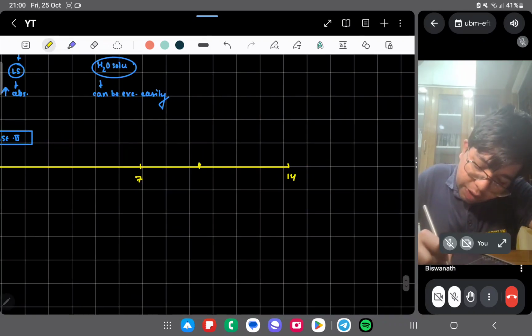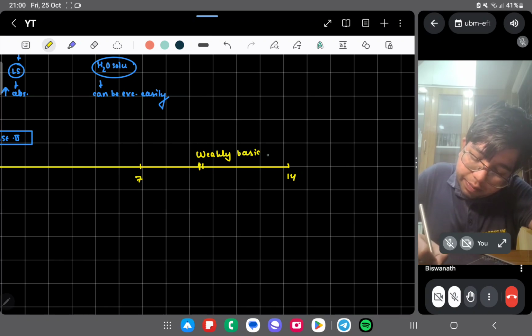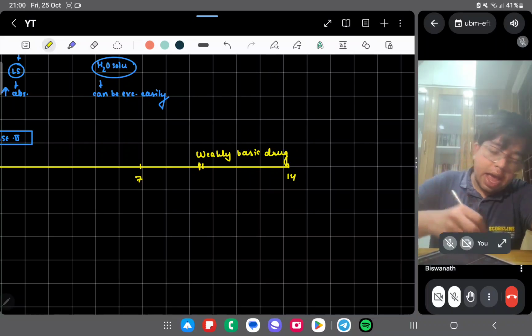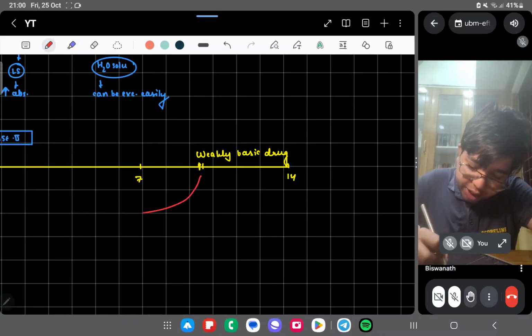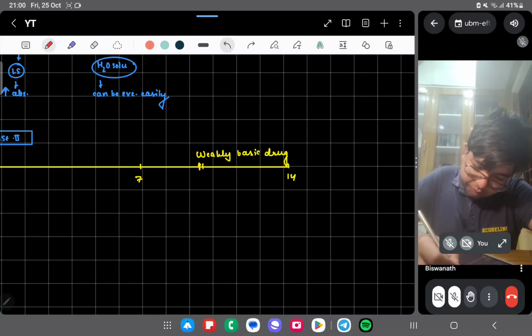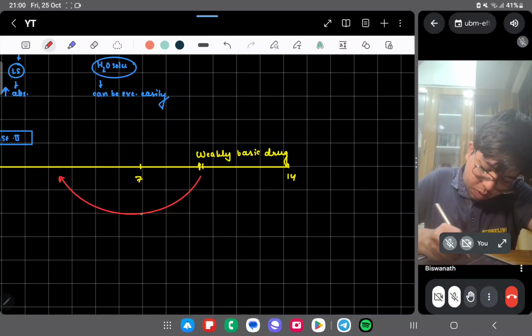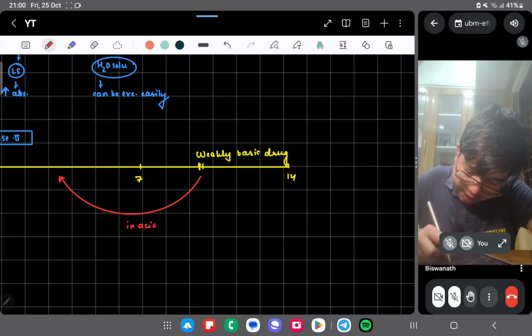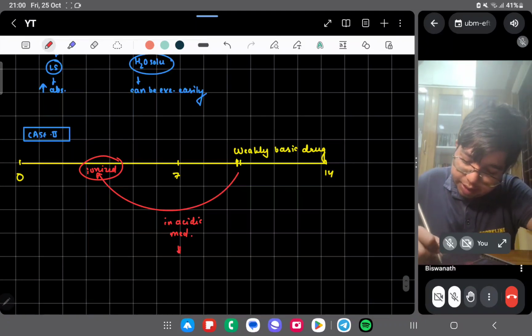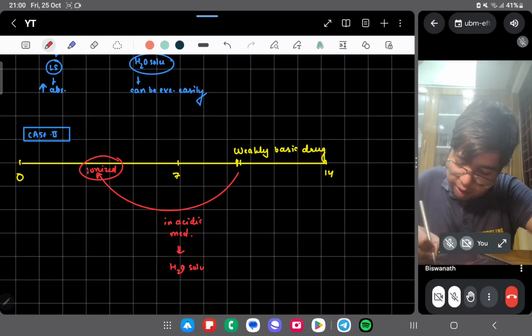If I put this weakly basic drug in acidic medium, it gets ionized, meaning it becomes water soluble, so there will be easy excretion of the drug.